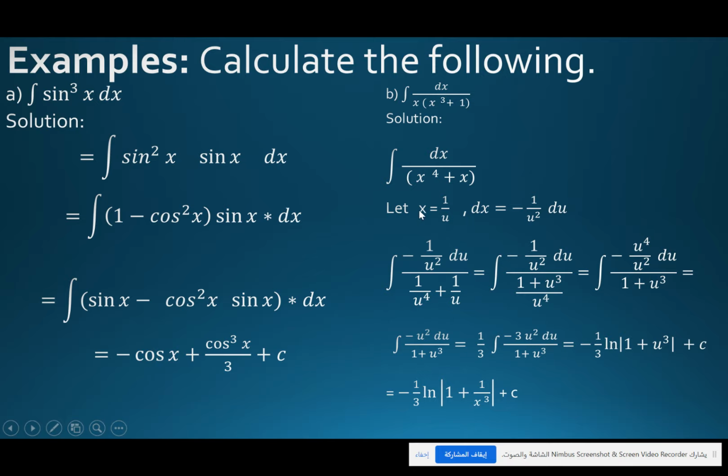We can make a switch: u is there and x is here. So 1 over x, if you cube it, you will get instead of u to the power of 3, 1 over x to the power of 3, all plus c. Always return back the u in terms of x.